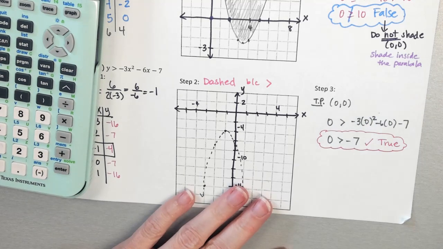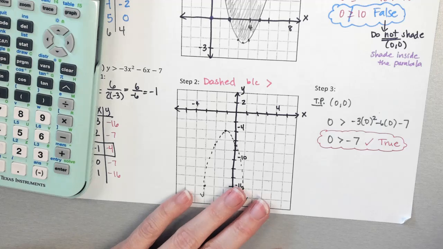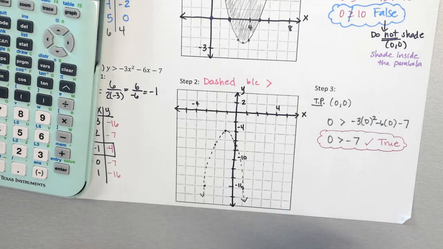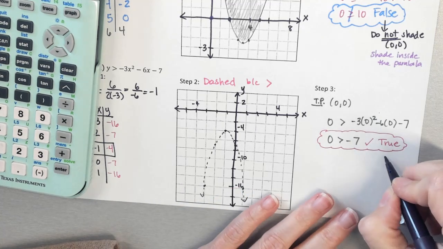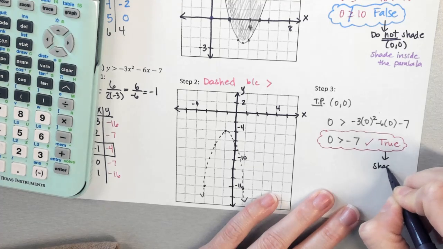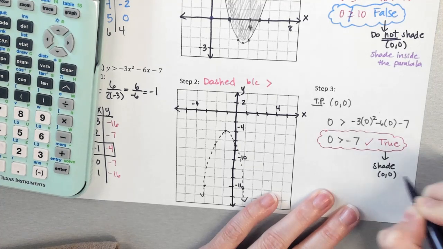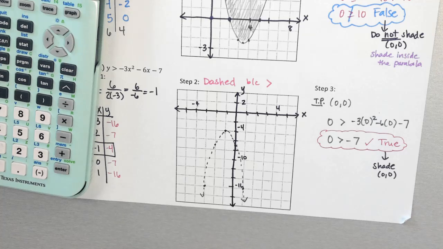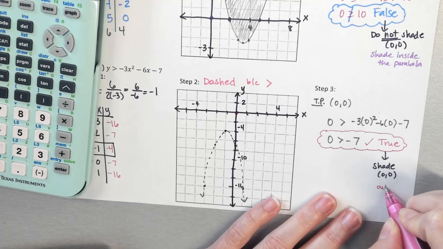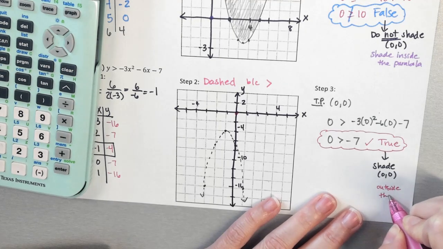And then I do want this note down here for your notes so you understand where you're shading, why you're shading there. So if it's true, you're going to shade the point 0, 0. So your point 0, 0 is outside. Okay? So you're going to shade outside the parabola.